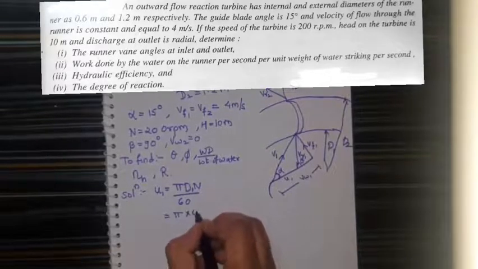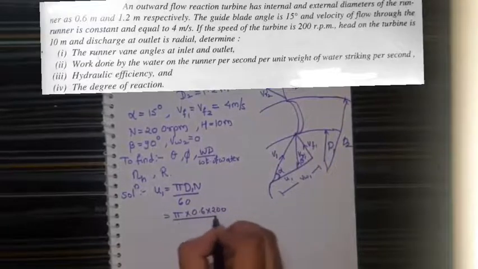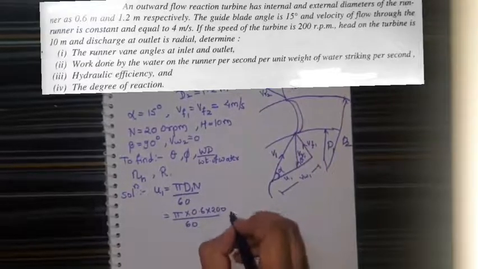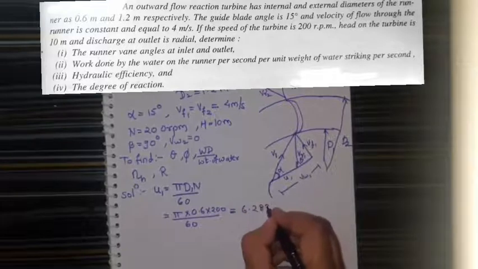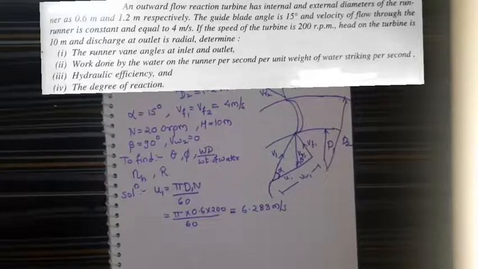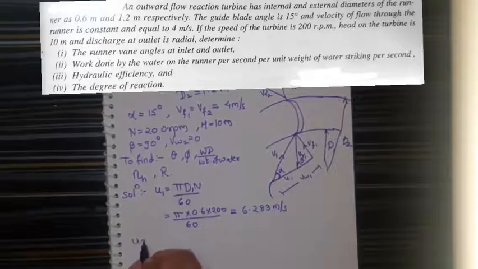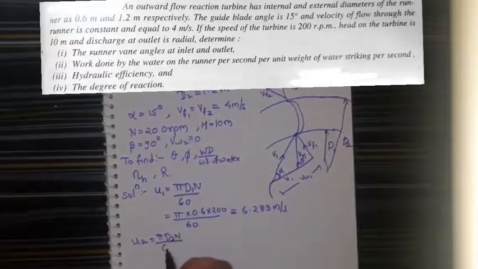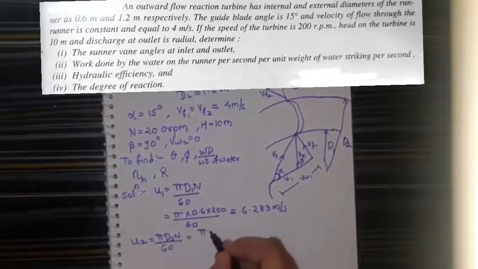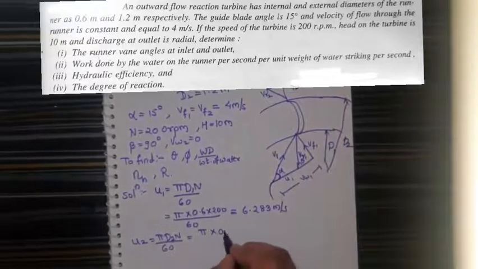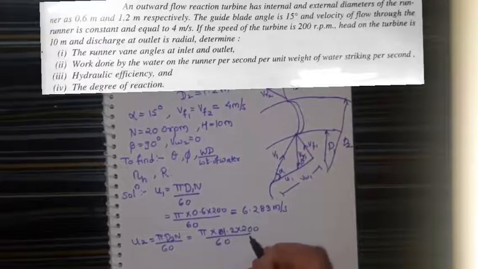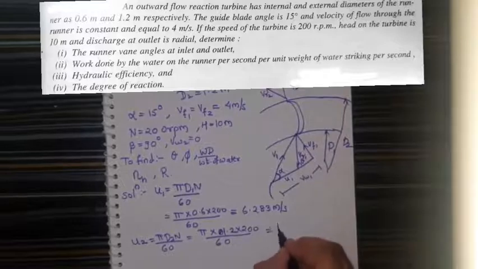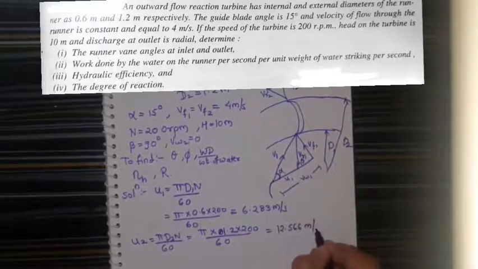Pi into 0.6 into 200 divided by 60, and we will get the value as 6.283 meter per second. Similarly, we can find U2 also, which will be needed in further calculation. U2 is equal to pi D2 n upon 60, so pi into 1.2 into 200 divided by 60, and the value will be equal to 12.566 meter per second.